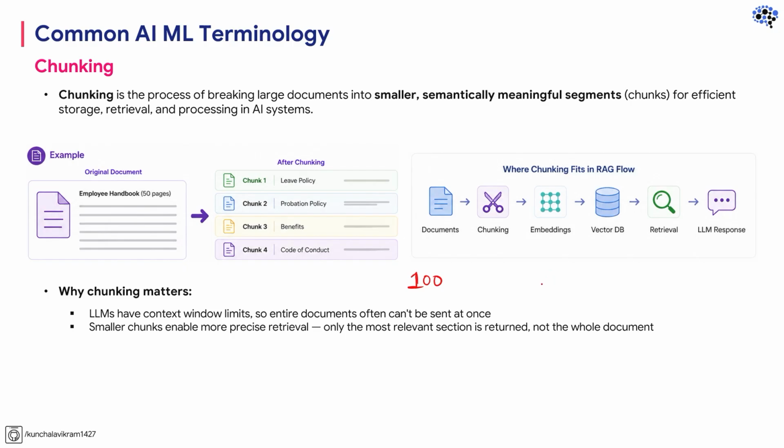Documents can be big in size, probably like 50 or 100 page PDFs. So how would an LLM even read those huge documents every time the user asks a question? It's practically impossible. That's the reason why we break those documents. When we talk about chunking, it's not breaking one document into one chunk.